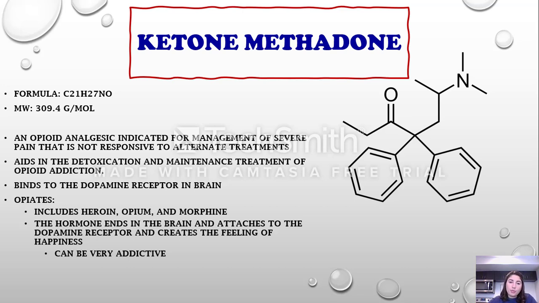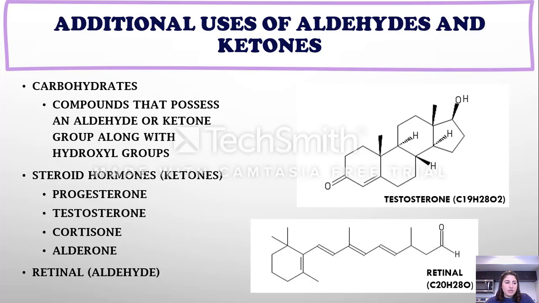Well, the ketone methadone blocks that receptor, and so it then prevents the craving of the opioids. So the ketone methadone acts as almost a substitute for those opioids without causing the damage that opioids cause, which I find very interesting.